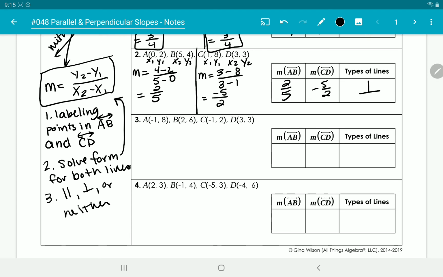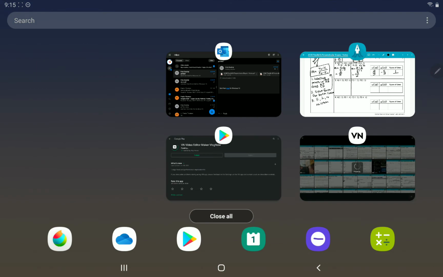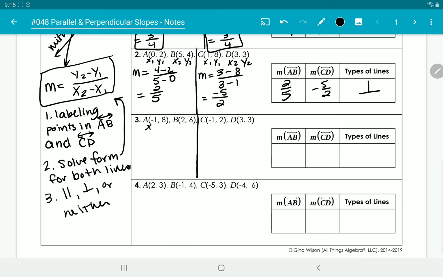Now for the third one, again, we're going to split it up between AB and CD. For the slope, first we have to label points: x1, y1, x2, y2, and the same thing here.